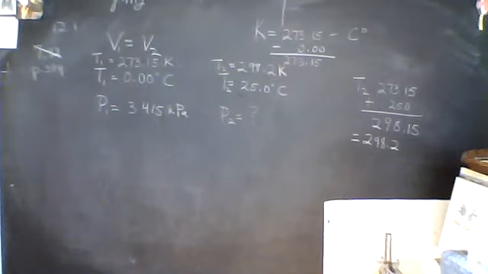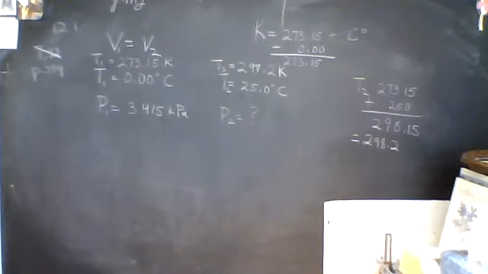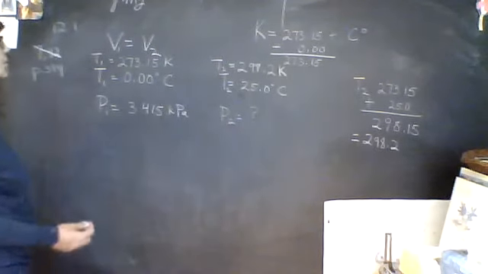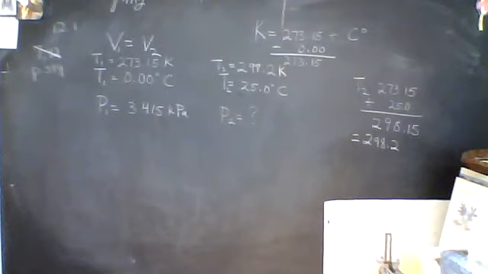How about the pressure? Do we need to do anything with that? Should we convert it back to pascals? I don't know that it matters. We'll just get an answer in terms of kilopascals. So what is the equation we need to use?